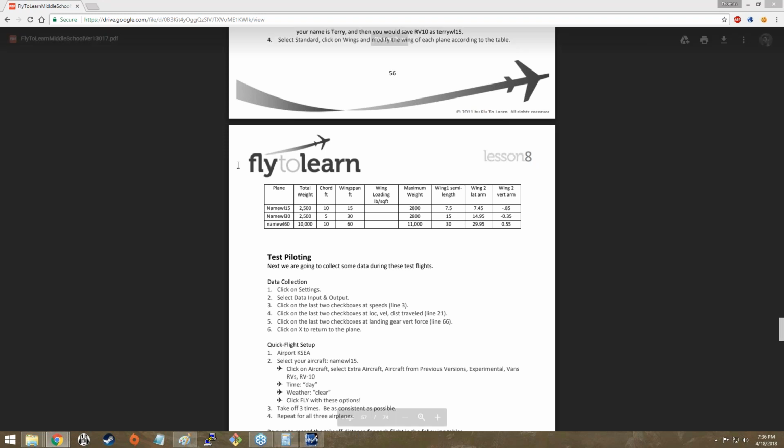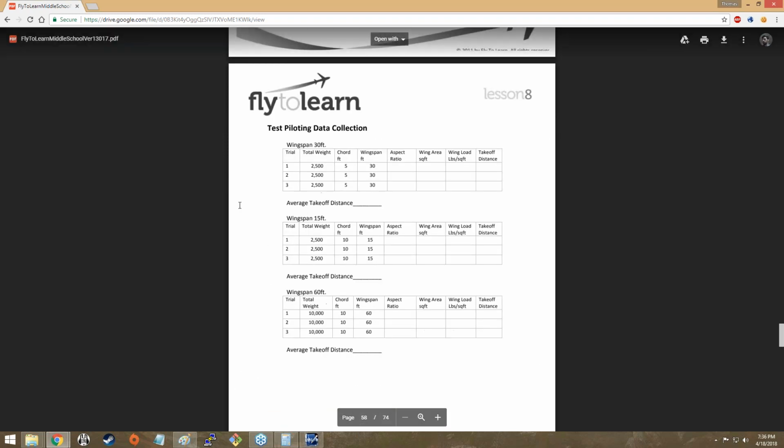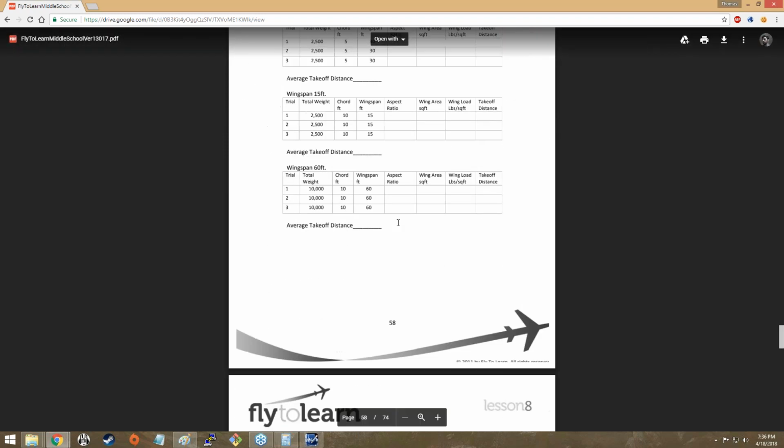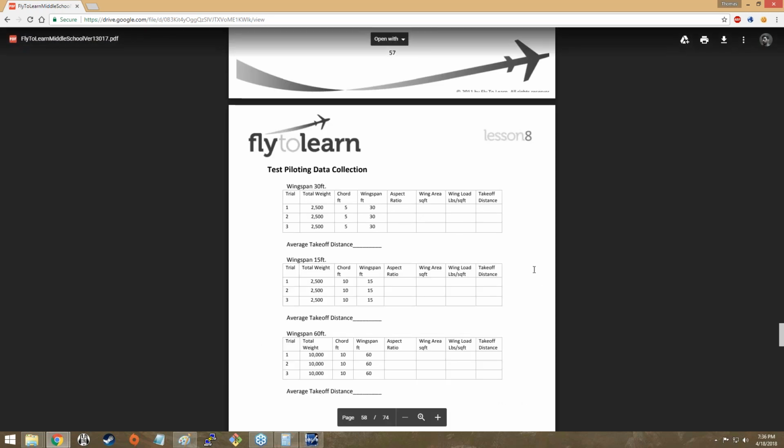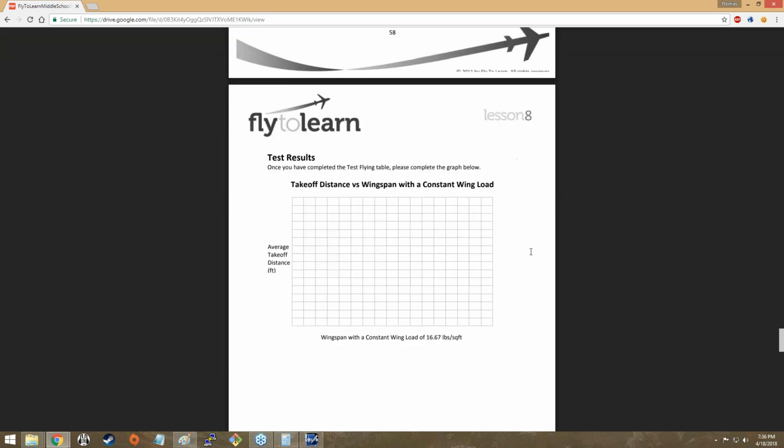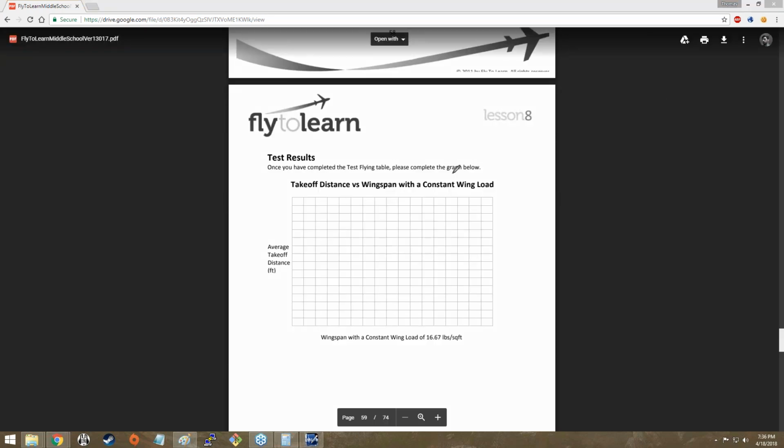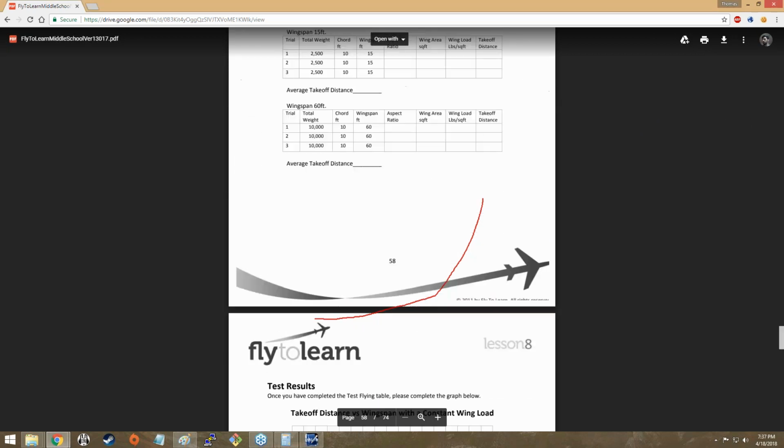Anyway, running a few tests, we find that there is a consistency here, where you might see that the average takeoff distance increases pretty dramatically, with a table that would represent these values up here.